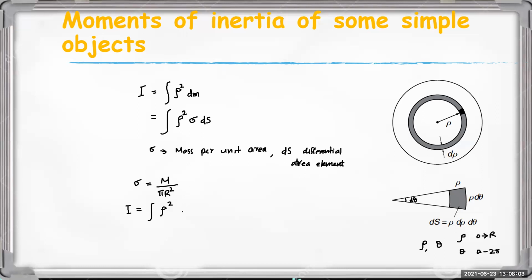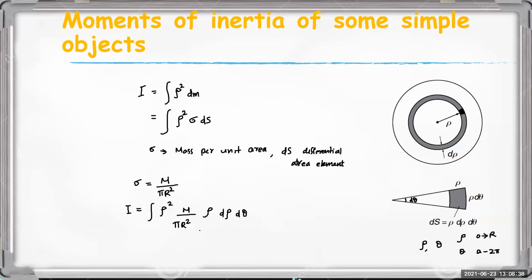In the place of sigma we write m divided by pi R square, and dS is equal to rho d rho d theta.